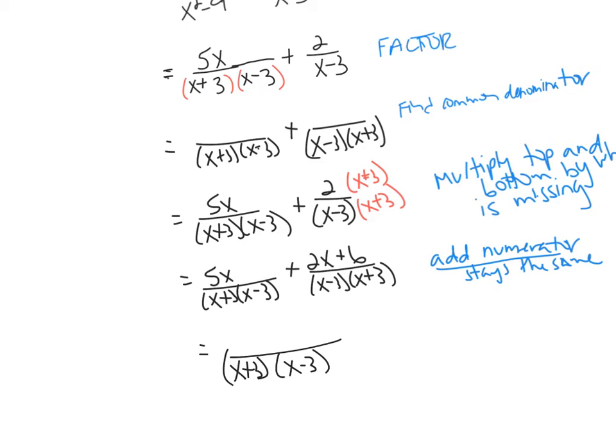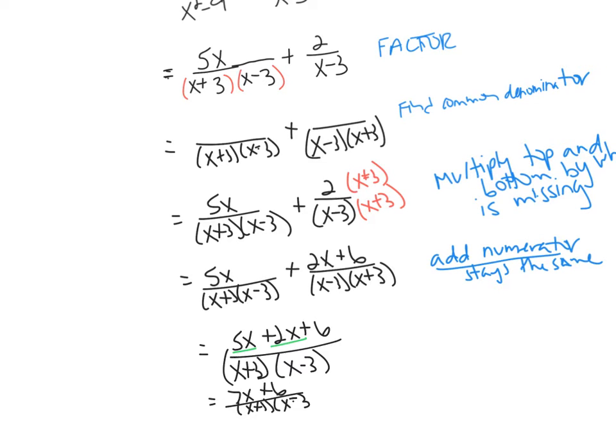But we can add our numerators. So we have 5x plus 2x plus 6. Well, that's nice because we have some like terms. 5x plus 2x is 7x plus 6 over our common denominator, x plus 3 times x minus 3.